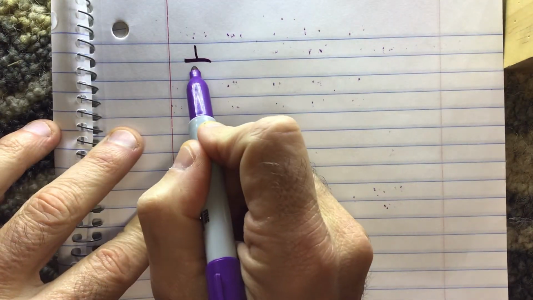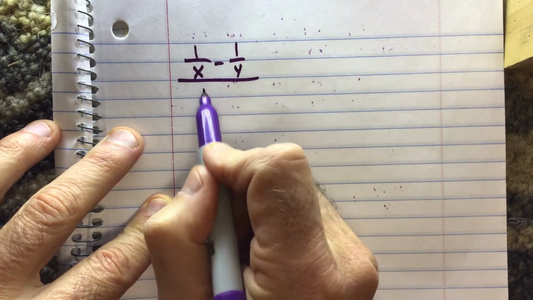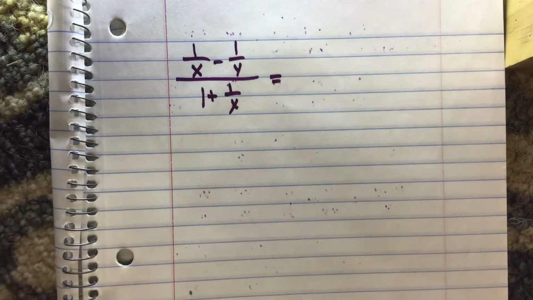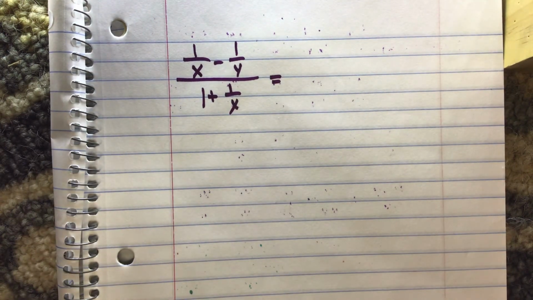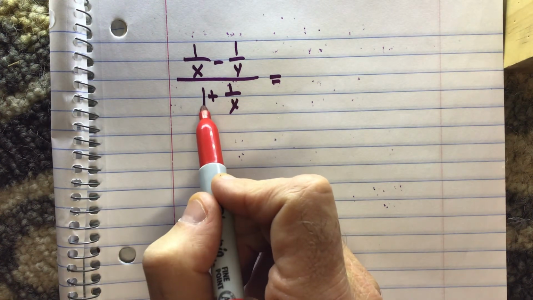All right, one more example. Let's do this one: 1 over x minus 1 over y, over 1 plus 1 over x. So that's a complex fraction, a fraction divided by a fraction. Instead of calling this 1, I can call it x over x.